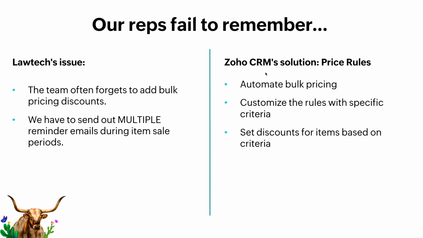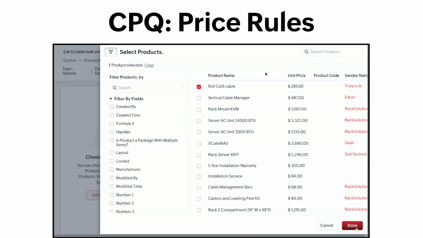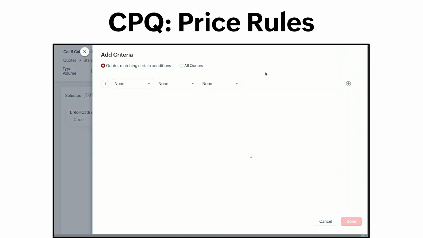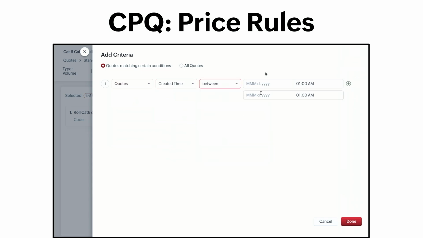Price rules automate bulk pricing. You can customize those rules with criteria, and you can also set discounts based on that criteria. And then here, this is just configuring a price rule. So what we're doing is we're selecting our item here, and then after we've selected the item, we're going to go ahead and create a set of criteria.